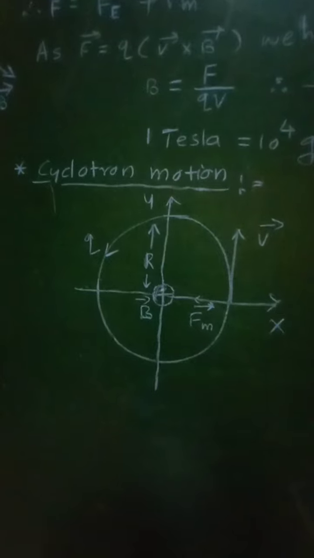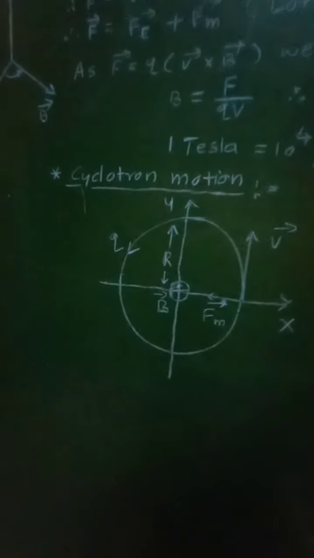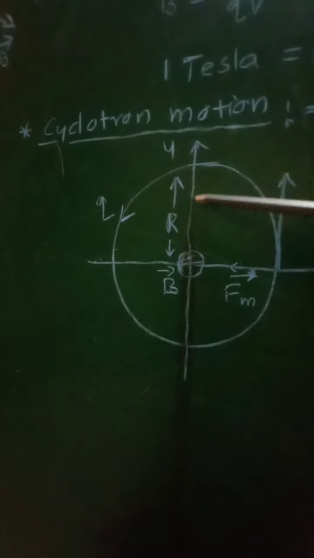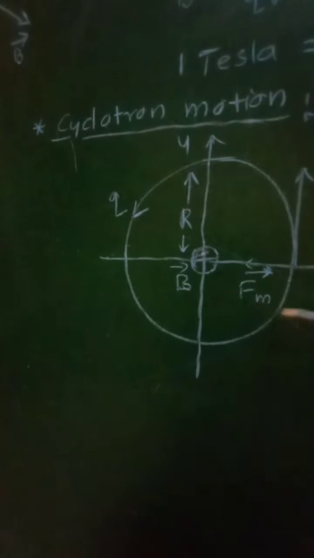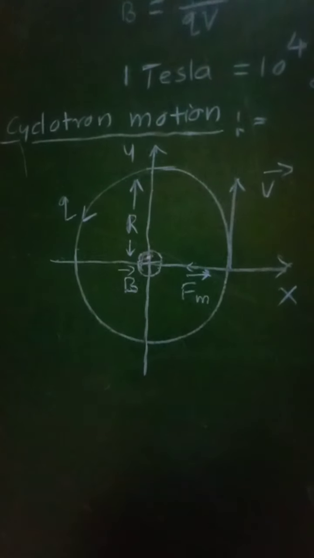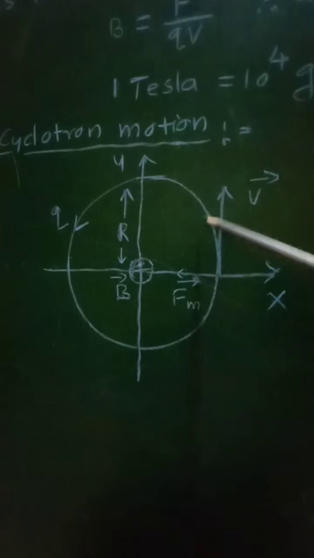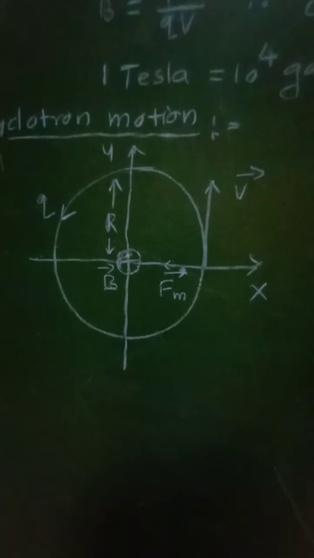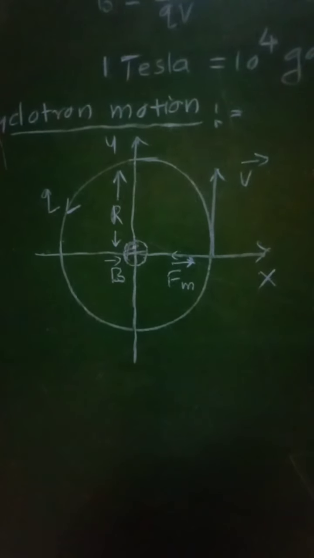That means it is performing circular motion along the circumference of a circle of radius R, with velocity v. When it is circulating along the circumference, the magnitude of velocity will remain the same, but the direction of velocity will continuously change.